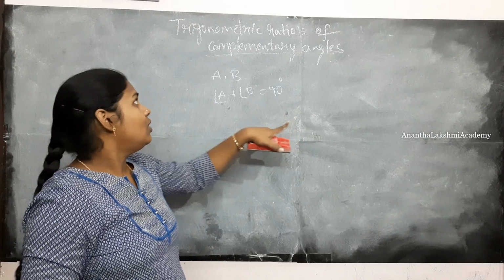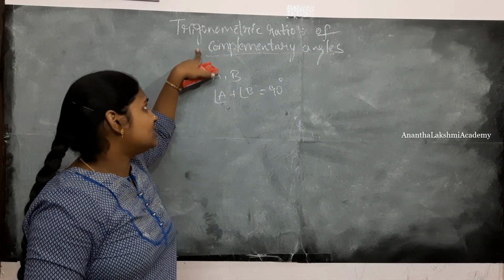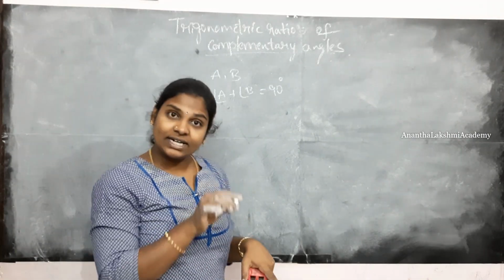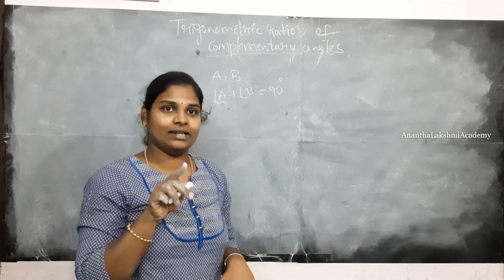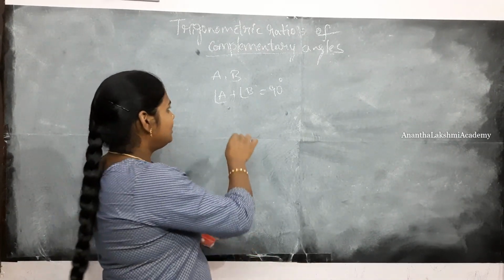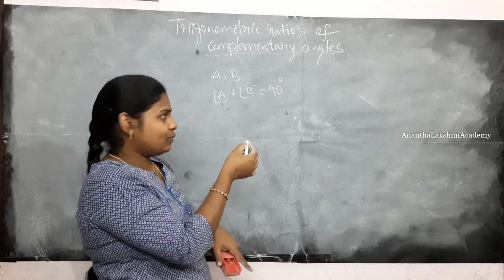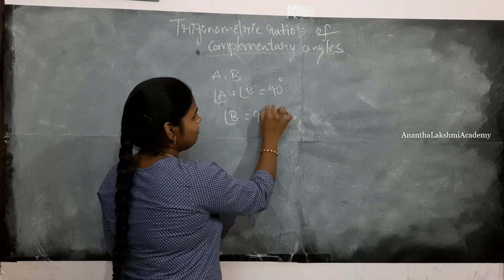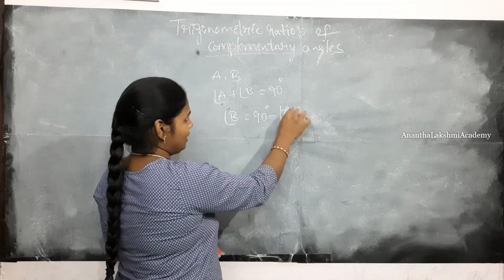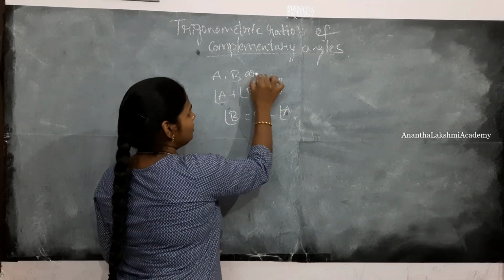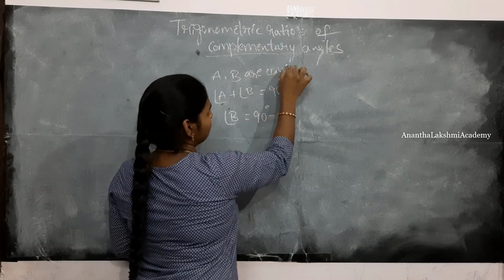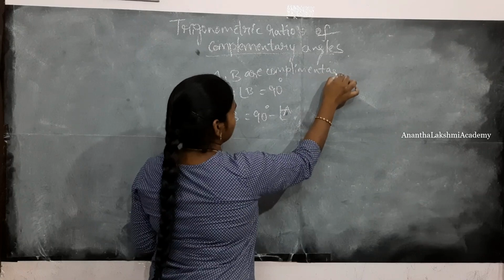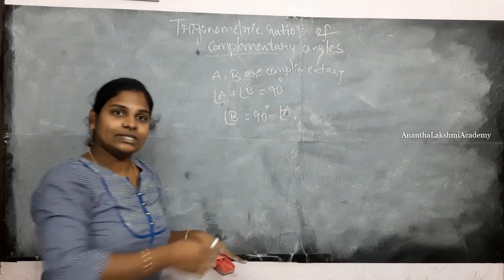Alright, so what is the concept? Trigonometric ratios of complementary angles. So far we have defined the ratios only for one angle, which is nothing but theta or angle A, let us suppose. What is angle B from this? 90 minus angle A, when A and B are complementary. Angle A plus angle B is equal to 90 degrees.